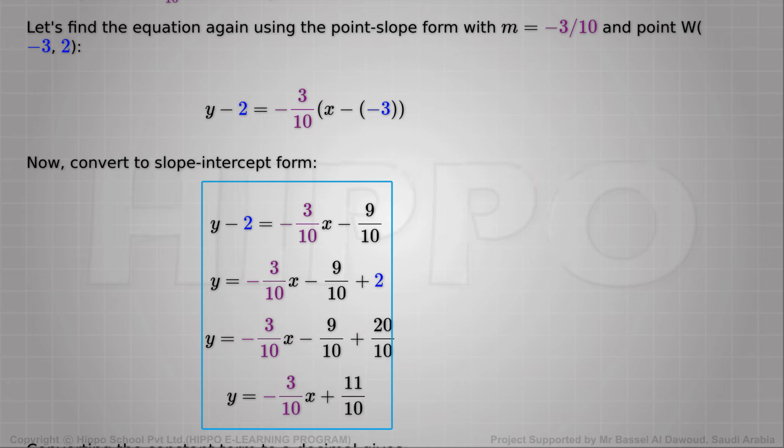This simplifies to y equals negative 3/10 x plus 11/10. Converting that fraction to a decimal, 11 divided by 10 is 1.1. So our final equation is y equals minus 3/10 x plus 1.1. This matches option A, so we found our answer.